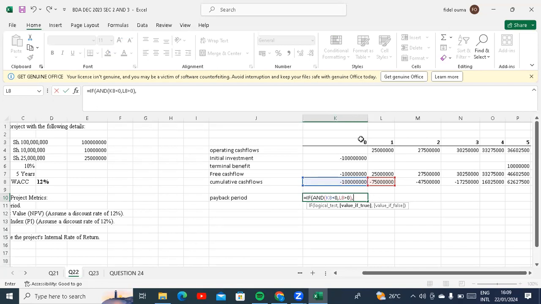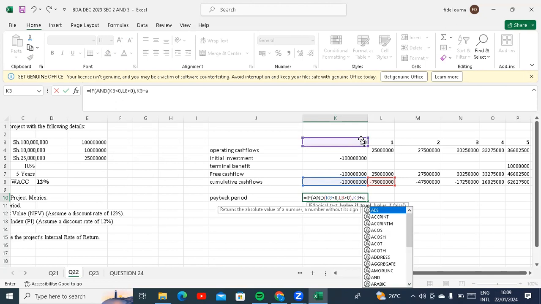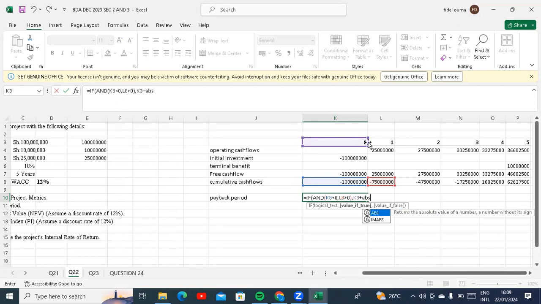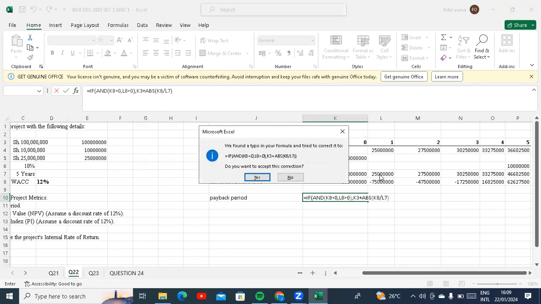Then you go to the period, then you add the ABS function, then you pick the cumulative cash flow and divide it by the year 1 cash inflow. Then close the bracket and enter.